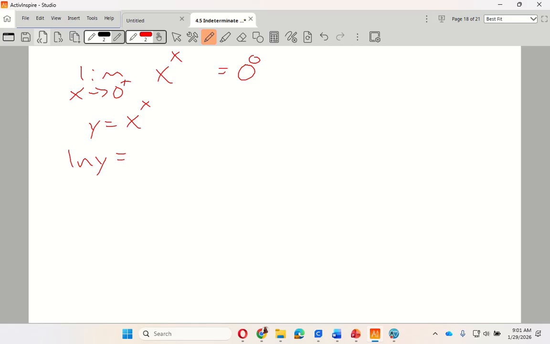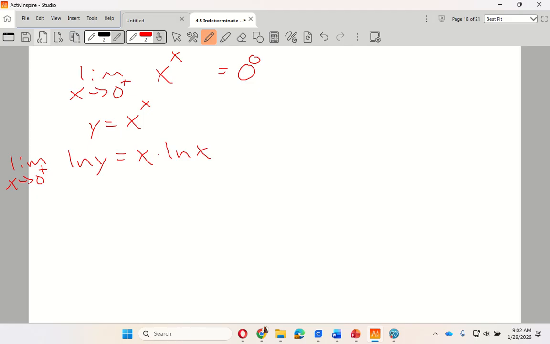And when I do that, if I'm taking ln, what happens to the exponent? It goes out front, right? So it's x times ln of x, right? Now, can I take the limit as x approaches 0 from the right? Now we're doing the x, right?